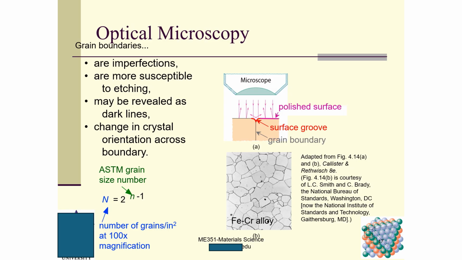ASTM is the American Society for Testing and Materials, a very important organization. They define many procedures that engineers need to follow. I will talk about this later. Here is an equation to calculate the number of grains per square inch, where lowercase n is the grain size number.